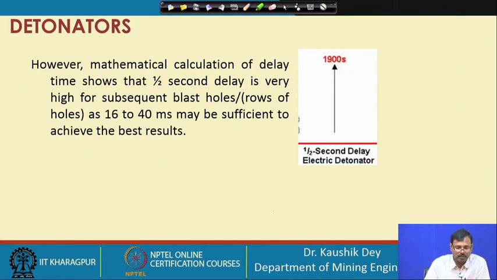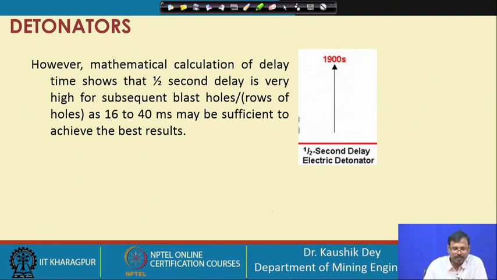But this half second delay requirement was found very high, because if two consecutive rows of holes are being blasted, then half second delay time is very high, as the burden movement speed is very less.